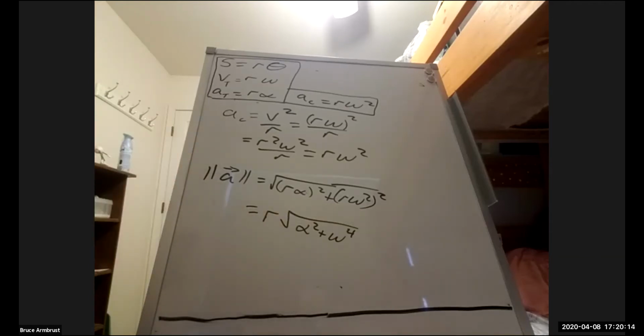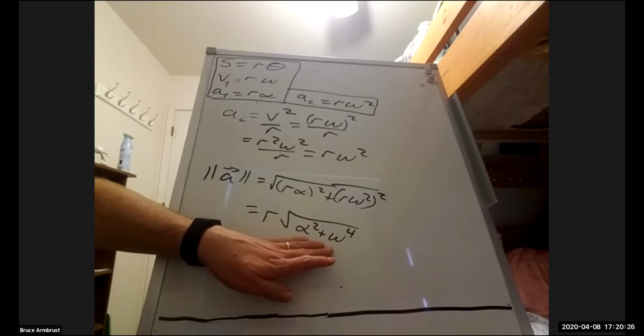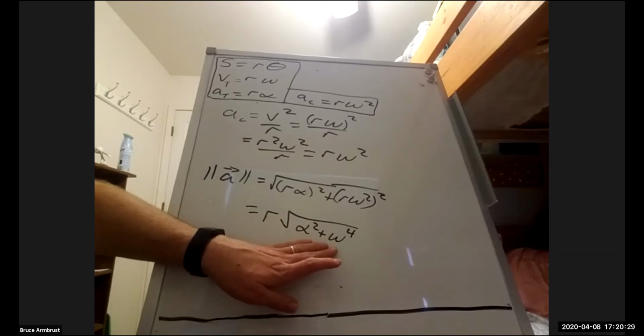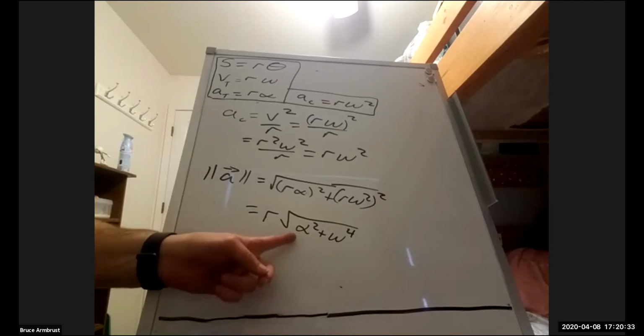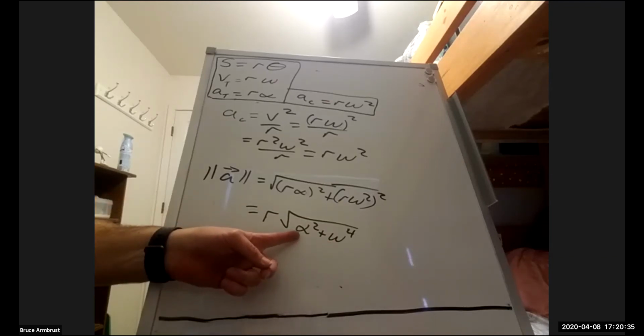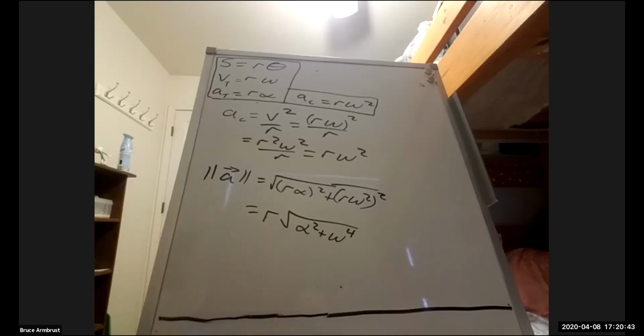So if we have an object that's spinning, moving around in a circular path, you can determine the acceleration that's being felt just by looking at the angular quantities. If you know omega, how quickly the angle is changing with time, if you know how the angular velocity is changing, that's your alpha, and you know the radius, how far away it is.